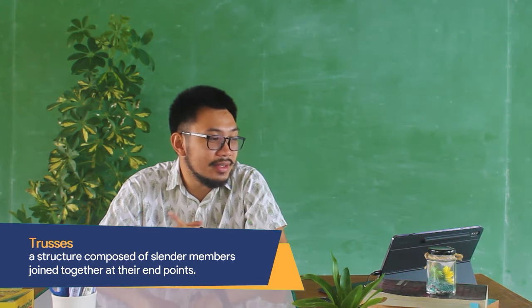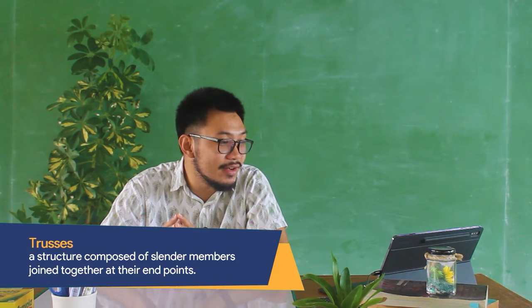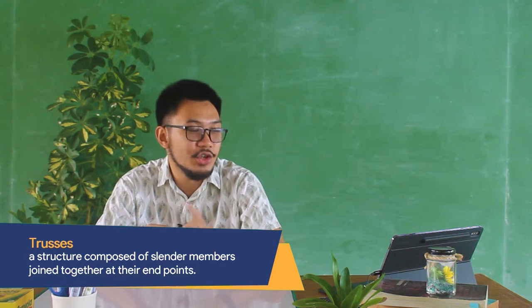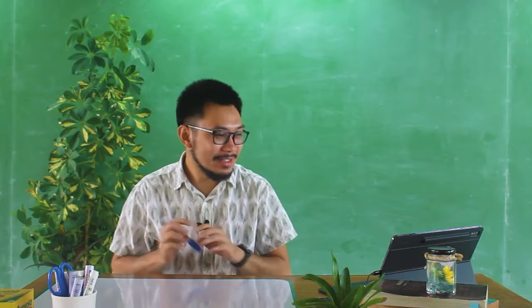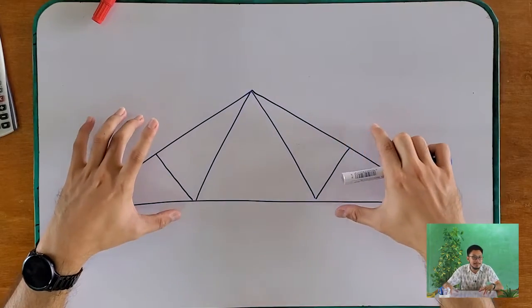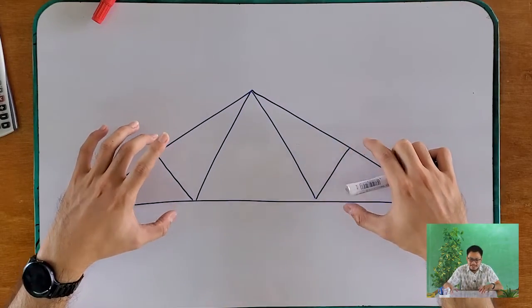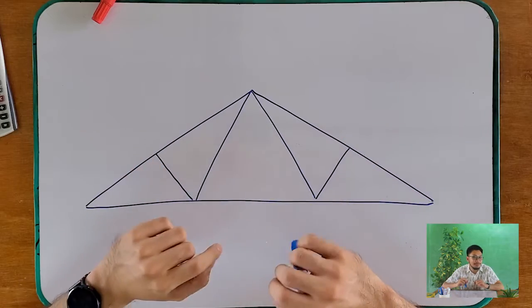So let us define trusses. A truss is a structure that is composed of slender members that are joined together at their endpoints. So let's have a planar truss. This is your planar truss, and basically this one is applied to your roof, right?